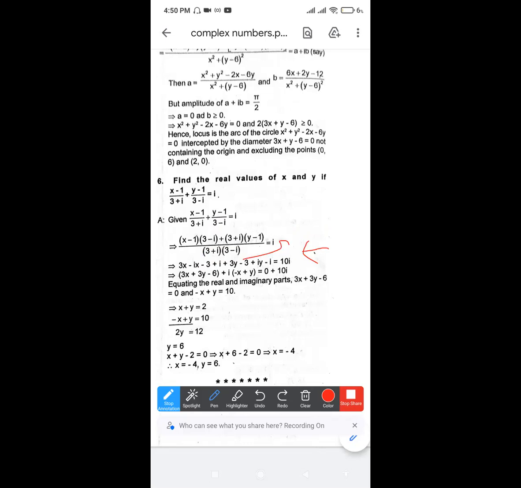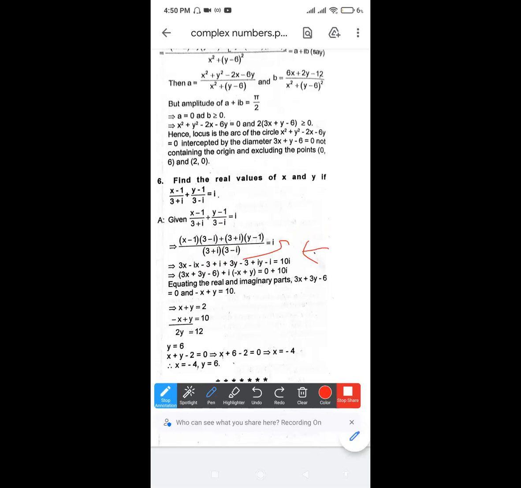Find the equation and equate the real and the imaginary parts. This is your real part. Real part is equal to 0 and imaginary part is equal to 10.